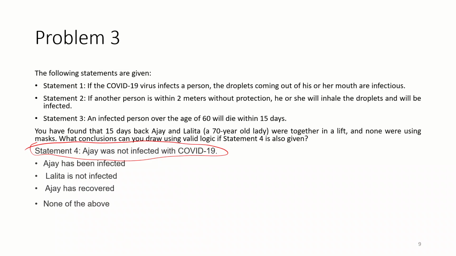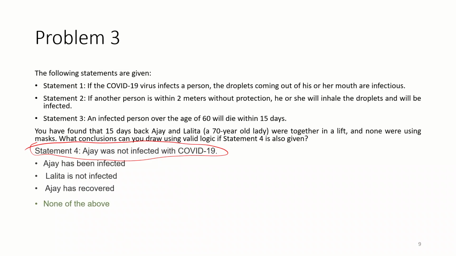According to statement 2, if you look at the chain of evidence, Lalita has to be infected with COVID. And Ajay has been infected is negating statement 4 itself, so it can't be true as well. And Ajay has recovered, because we have no evidence or any statement supporting the recovery time. So of course none of the above is the only option we are left with. Correct.